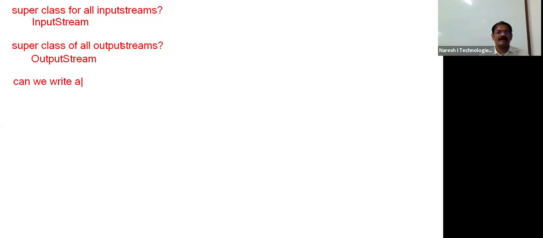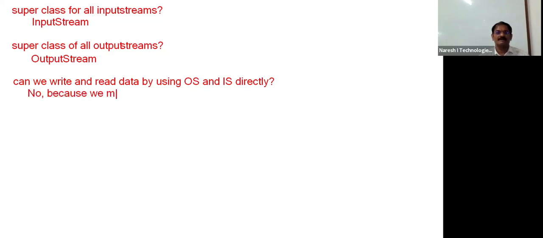Next, can we write and read data by using output stream and input stream directly? What's your answer? No. Why? Because we must write and read data in different formats. Okay.